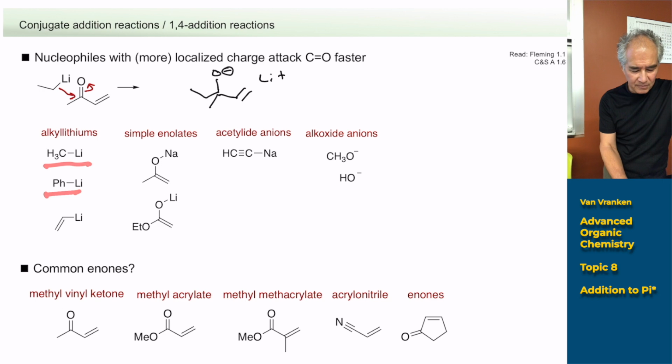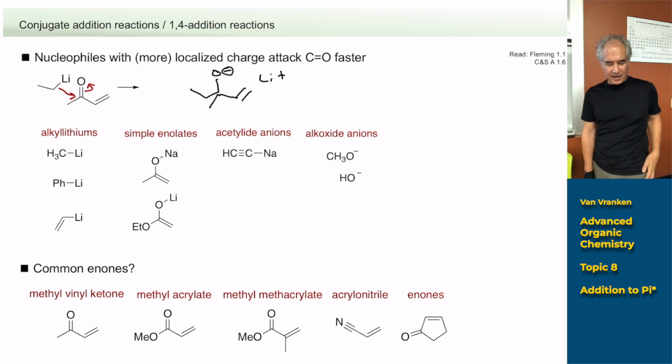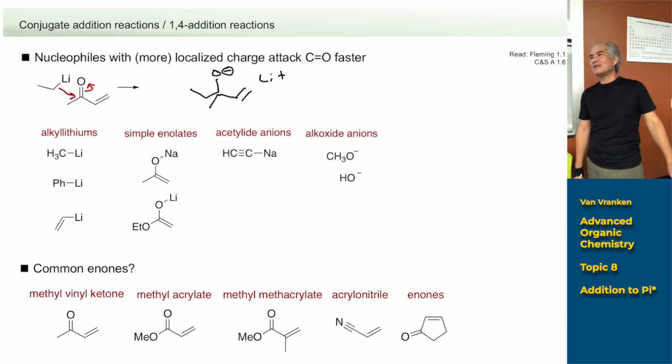Methyllithium, phenyllithium, vinyllithium, cyclohexenyl lithium, all the same kind of idea. Acetylide anions. So you should know that you can deprotonate alkynes that have a CH at the end of the alkyne to make acetylide anions. If you used that Smith textbook for organic chemistry, you spent like half a year where that was the only carbon nucleophile you knew about, so they used it for everything.